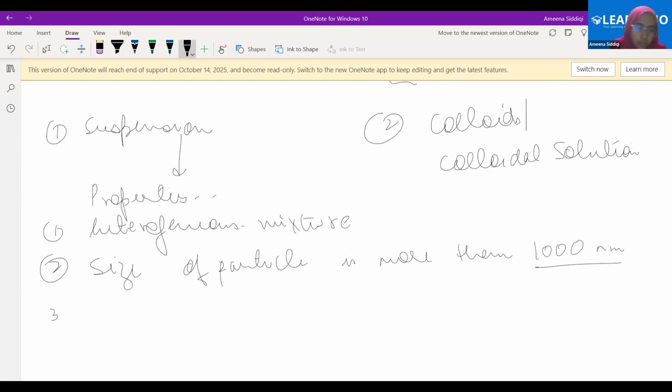And if dissolving will not take place, what will happen? Will it be a stable mixture or an unstable mixture?